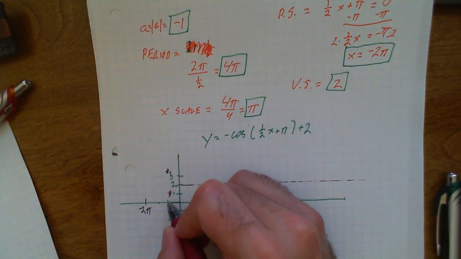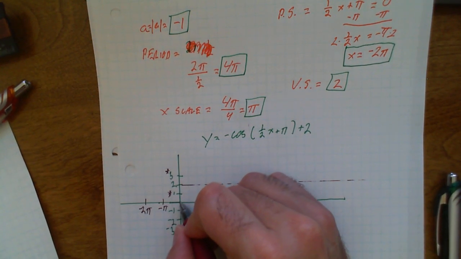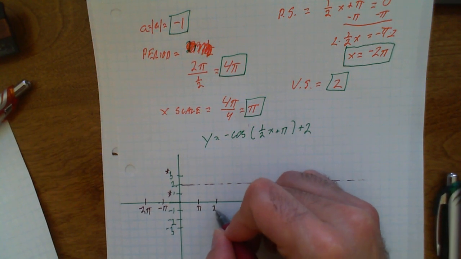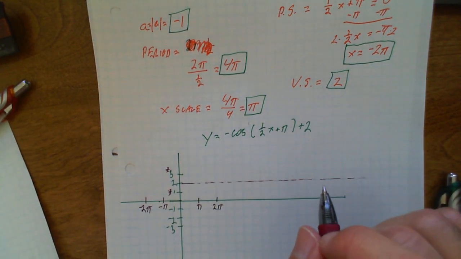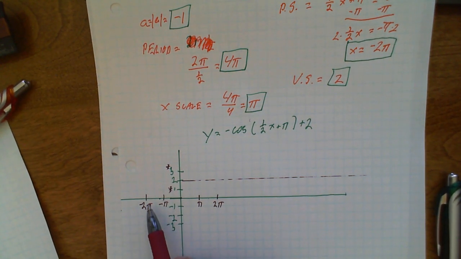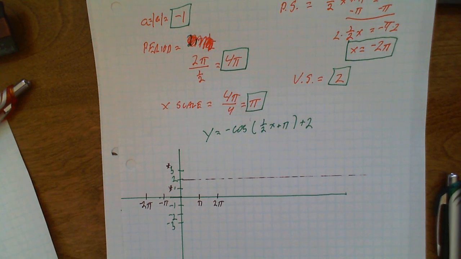So this will be -1 pi, 0, pi, 2 pi, and my period. Again, what I'm starting to see here is you just need 5 points for a full scale. So I start here, 1, 2, 3, 4, 5. Those are my 5 points.